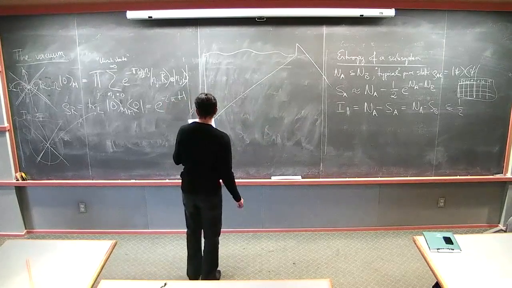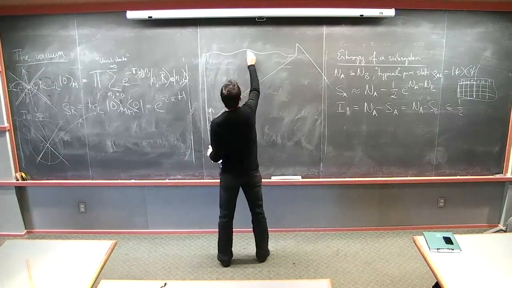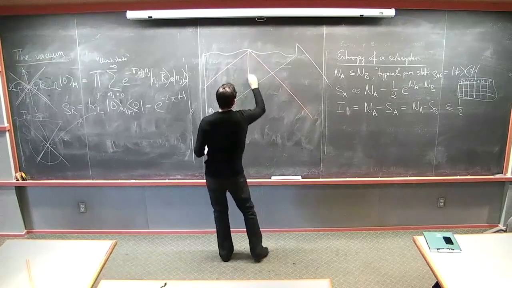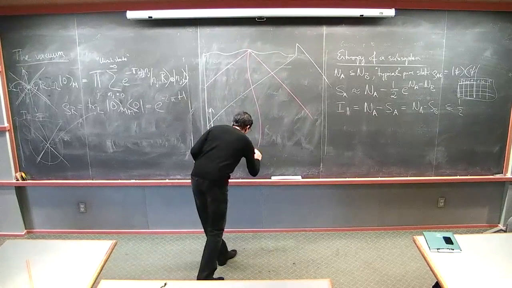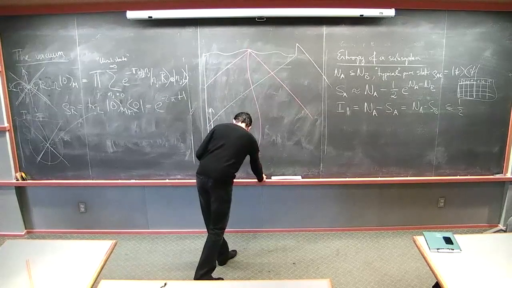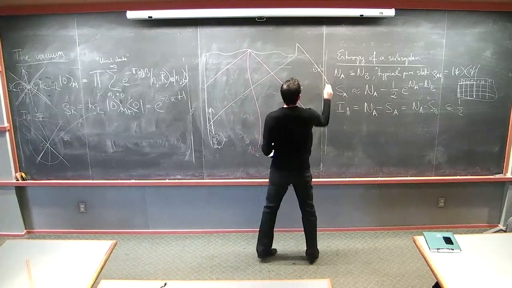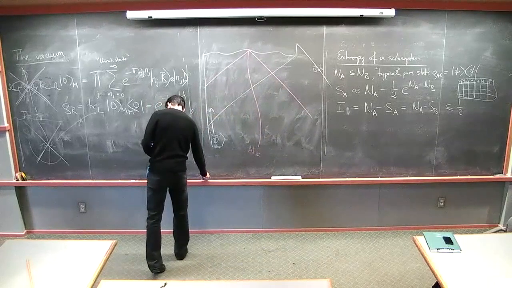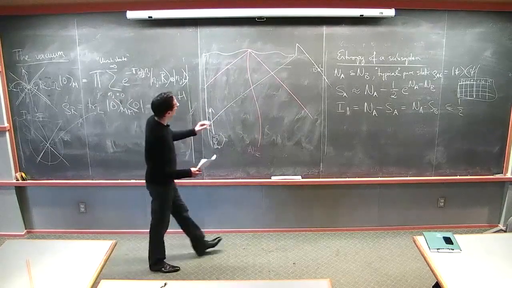We're going to have an infalling observer, Alice, and we have her friend Bob, who stays out here near infinity. And so there's a particular time here.